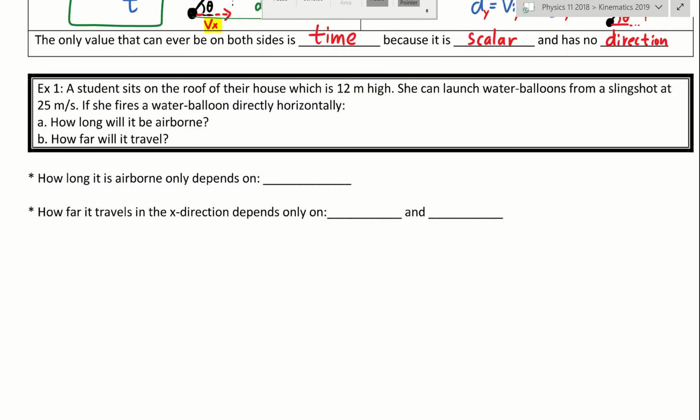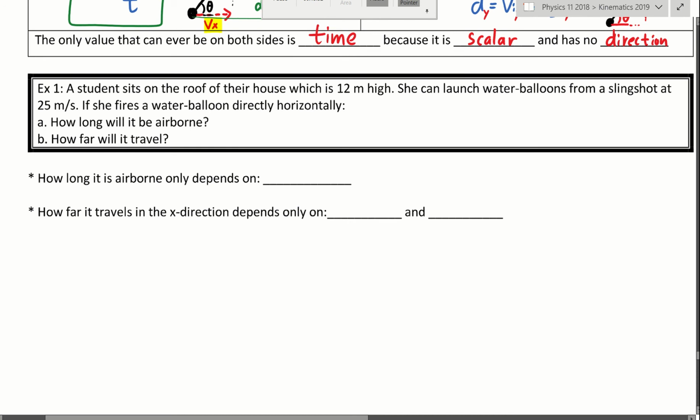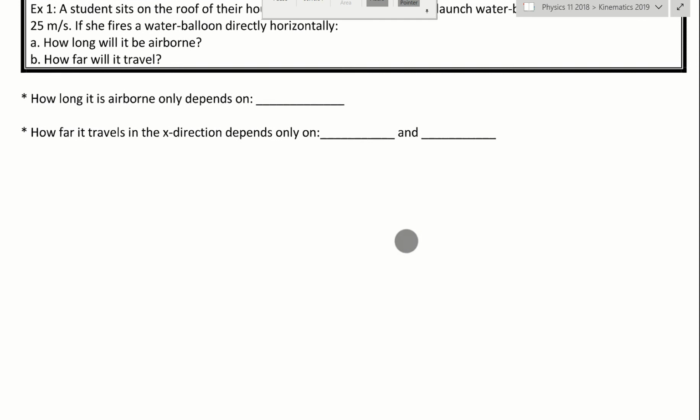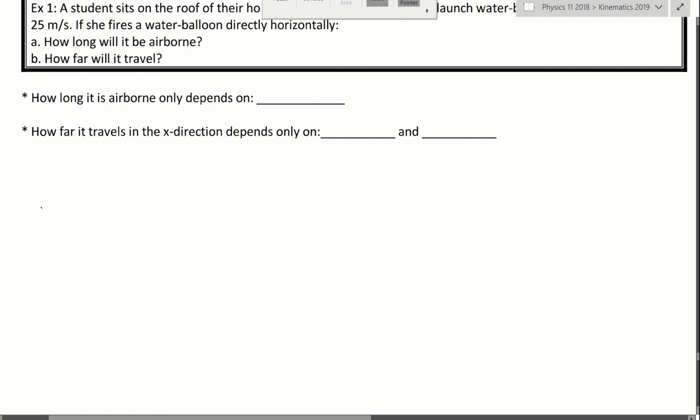So, level 1 of kinematic questions. Someone sits on the roof of a house, which is 12 meters high, and launches a water balloon from a slingshot at 25 meters per second, and the slingshot is fired horizontally. Now, remember, this type of question, when I say level 1, means it's the easier type.